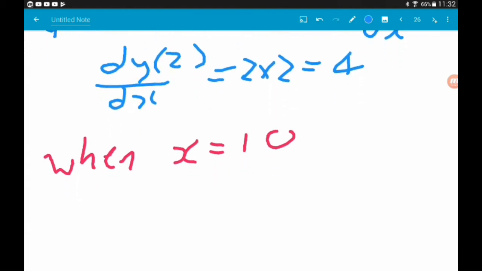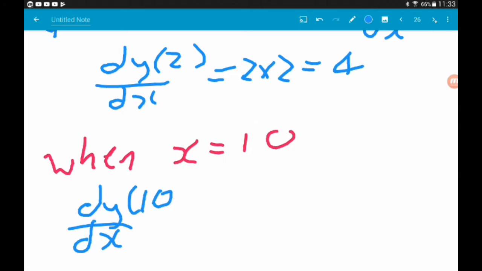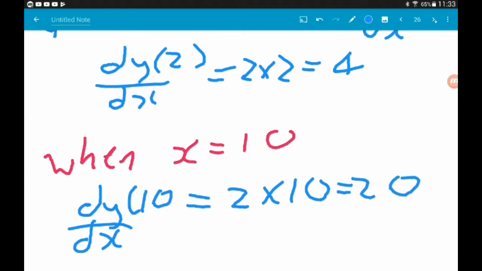So we just find the value of dy by dx when x is equal to 10. So we get 2 times 10, which is 20. So the gradient of x squared when x is 10 is 20.